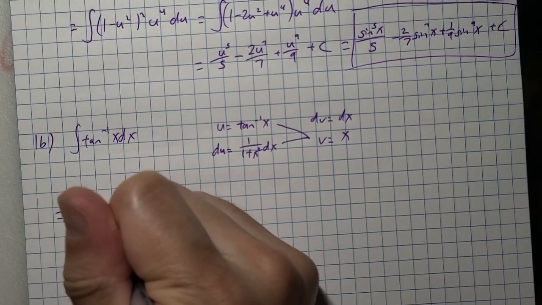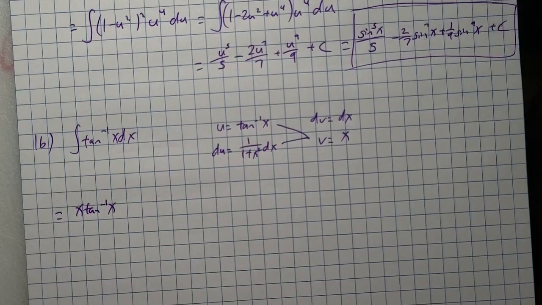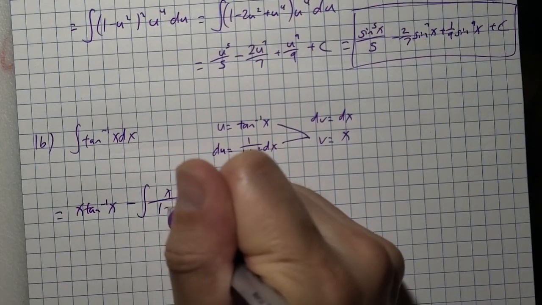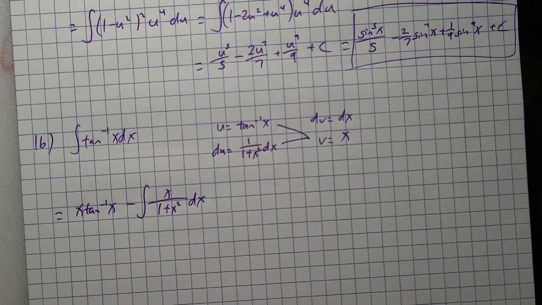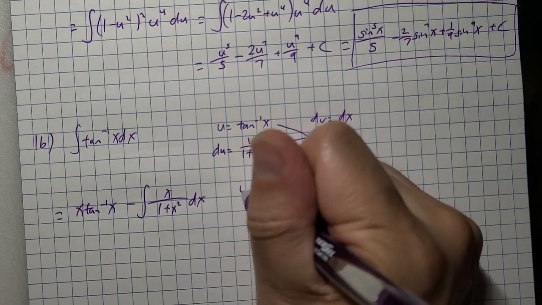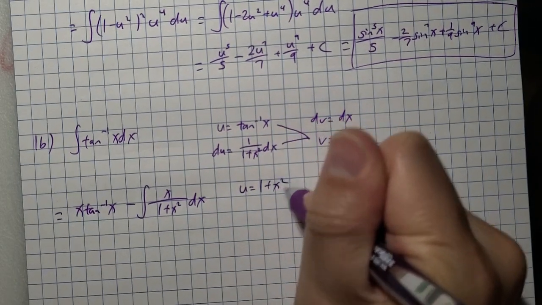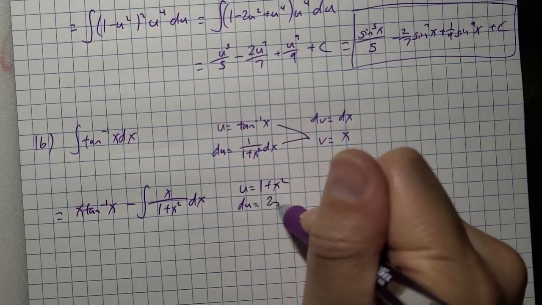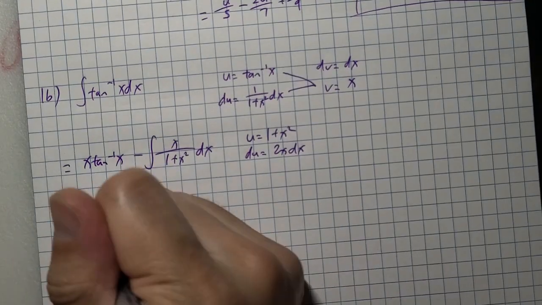So x arctan x, minus the integral of x over 1 plus x squared dx. This guy we know how to solve. That's just a simple substitution of u is 1 plus x squared. du would be 2x dx.